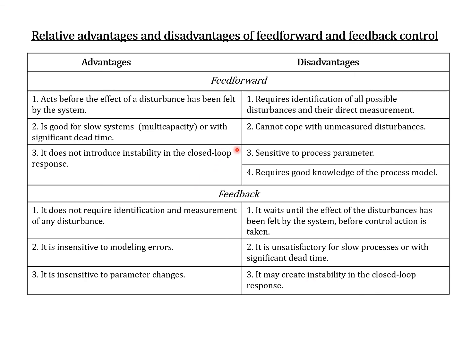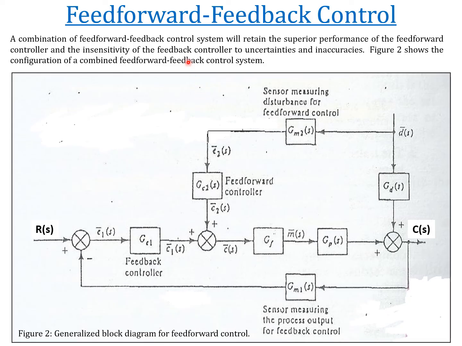Okay, so there are advantages and disadvantages, and then you can combine them and make the best of both worlds. A combination of feedforward and feedback maintains the superior performance of feedforward and the insensitivity of feedback to uncertainties and inaccuracies. We have the same feedforward and feedback loop that we have seen before, so you can combine both of them.